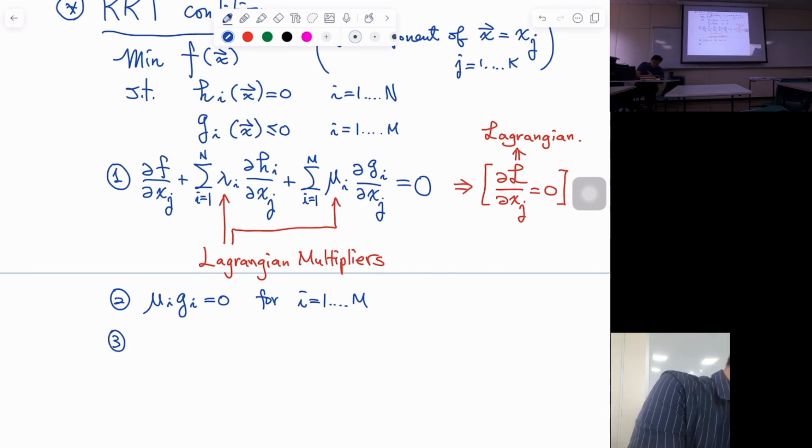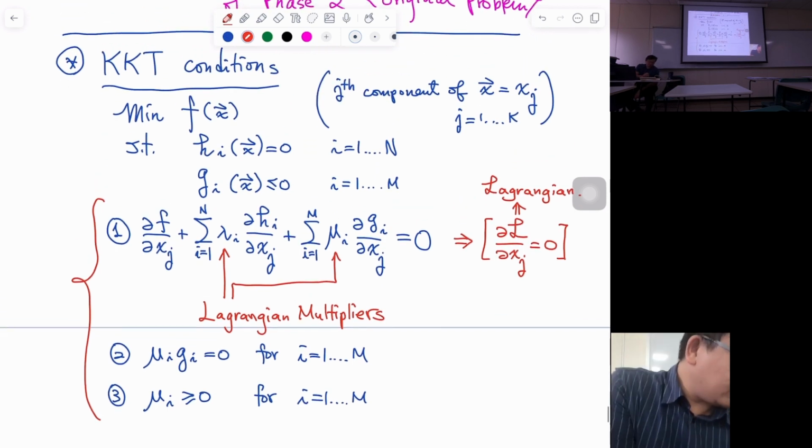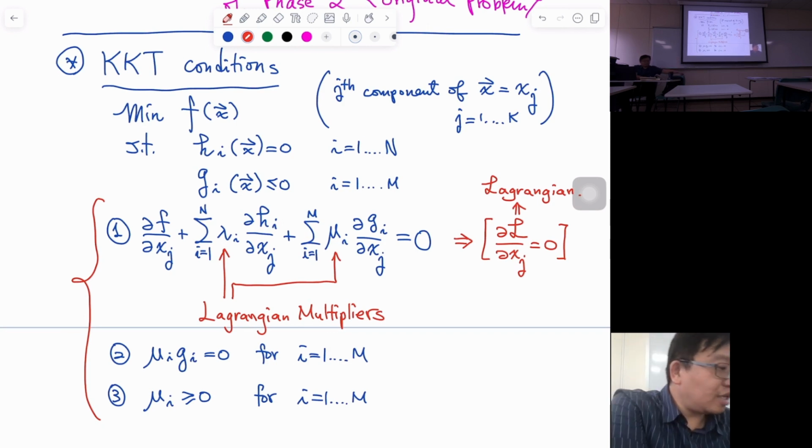In the third equation, all the mu i's have to be positive or 0 for i goes from 1 to n. So if you have a solution that satisfies all three, then it should be at least local minimum.